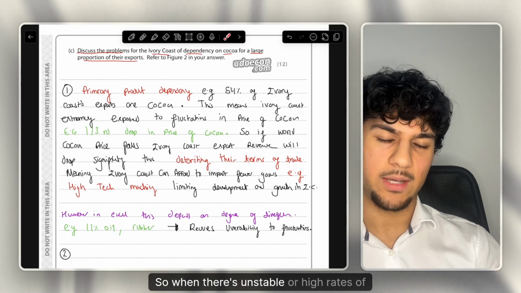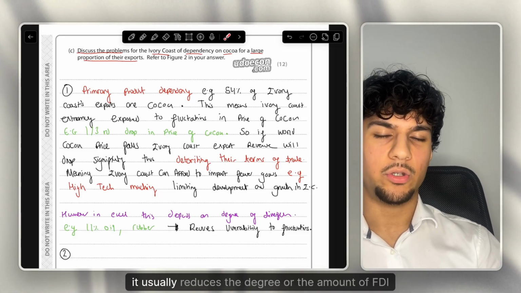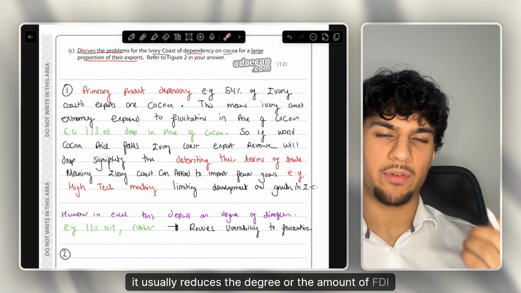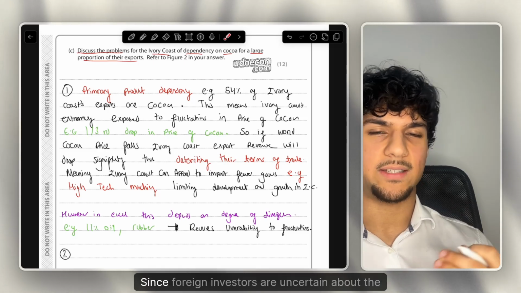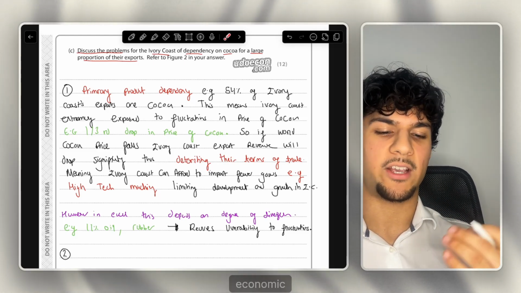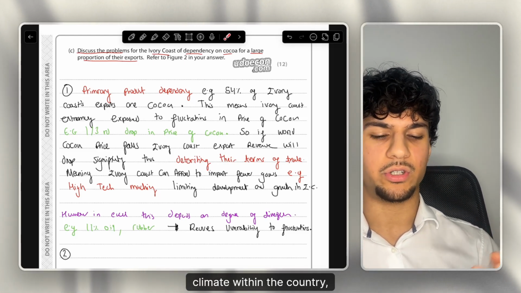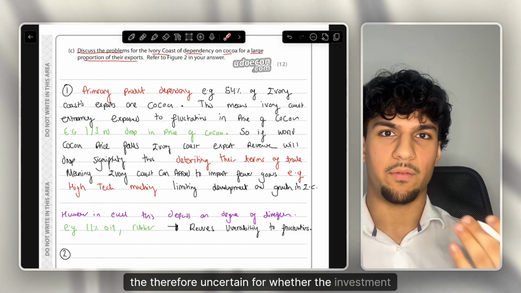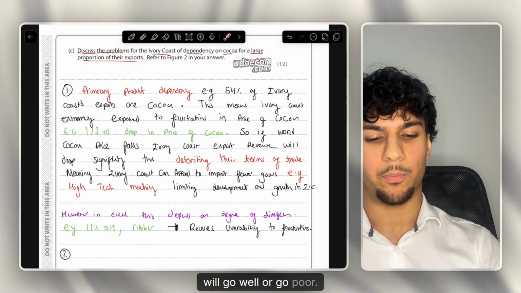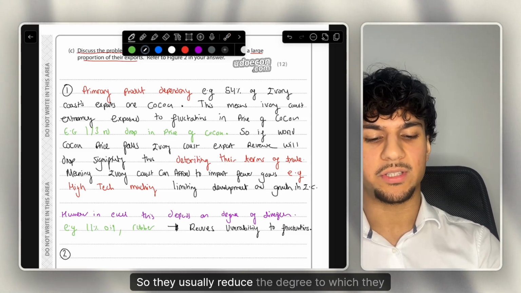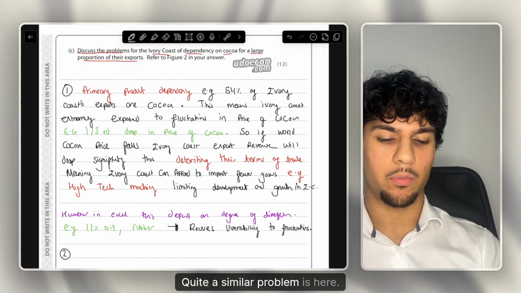So when there's unstable or high rates of inflation, it usually reduces the amount of FDI within a country. Why? Since foreign investors are uncertain about the economic climate within the country, therefore uncertain whether the investment will go well or go poor. So they usually reduce the degree to which they invest. Quite a similar problem is here.